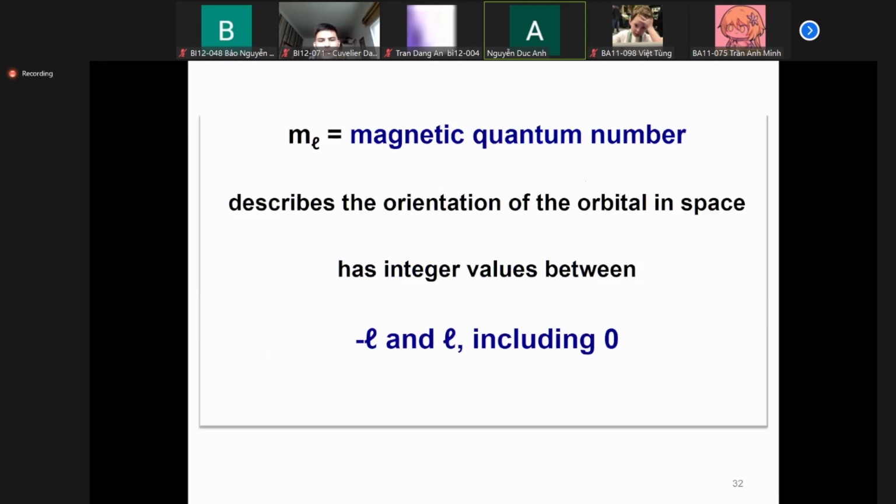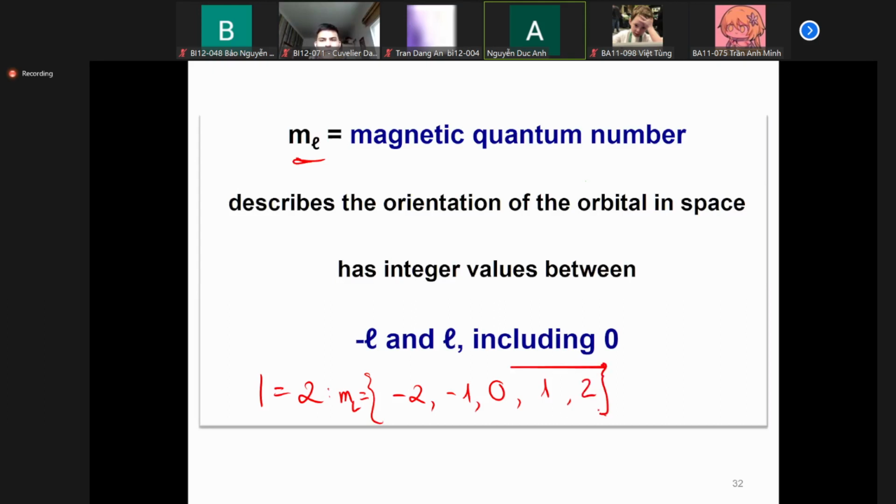The next one, magnetic quantum number, ML. This describes the orientation of the orbital in space. It has integer values between -L and L, including 0. So if you have L equal to 2, the set of ML will be -2, -1, 0, 1, 2.